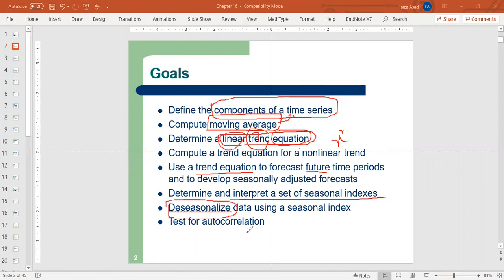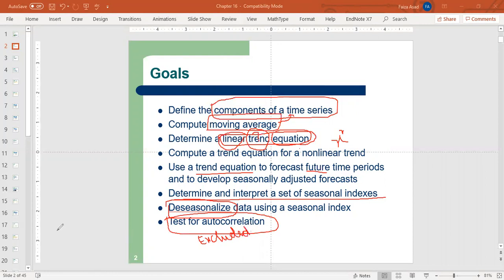And at the end of this chapter, the topic of test for autocorrelation is excluded from your course because it's out of your capacity to learn at this stage.